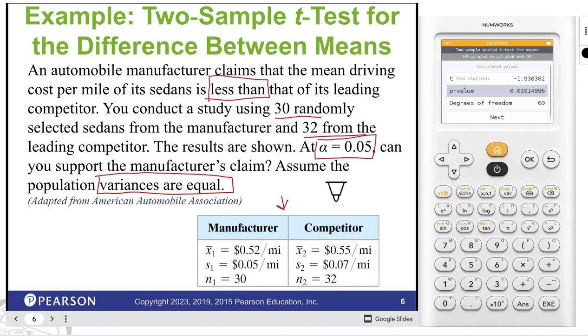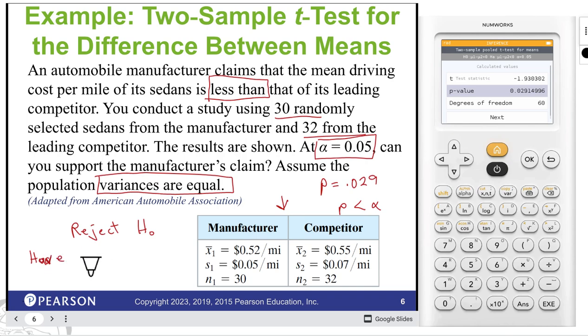So alpha is 5%, p is 0.029, so 2.9%. This is smaller. P is smaller than alpha, so for this case we can reject the null, which is that they're equal, and then we have evidence. I'm really backwards today.